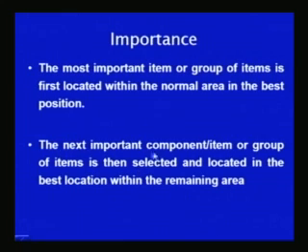So, the next important component, an item or group of items is then selected and located in the best location within the remaining area. So, according to this principle, the optimum use of the best possible space is decided on the basis of importance of the particular control device.